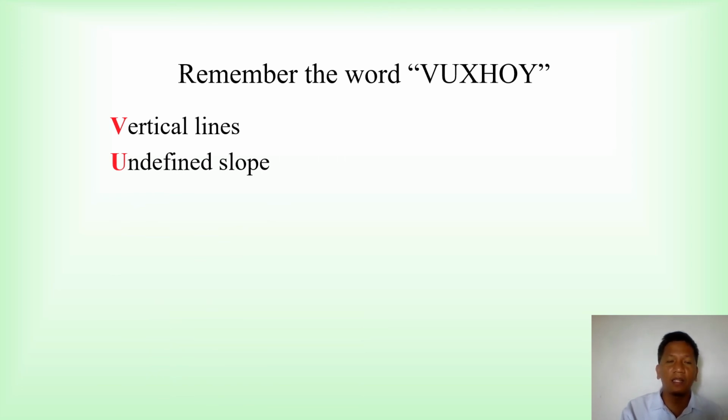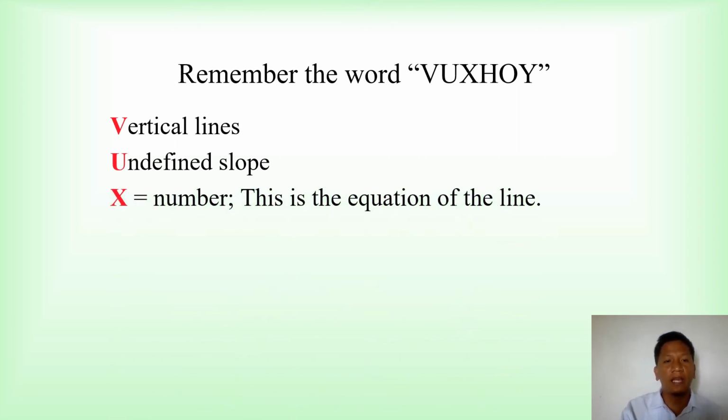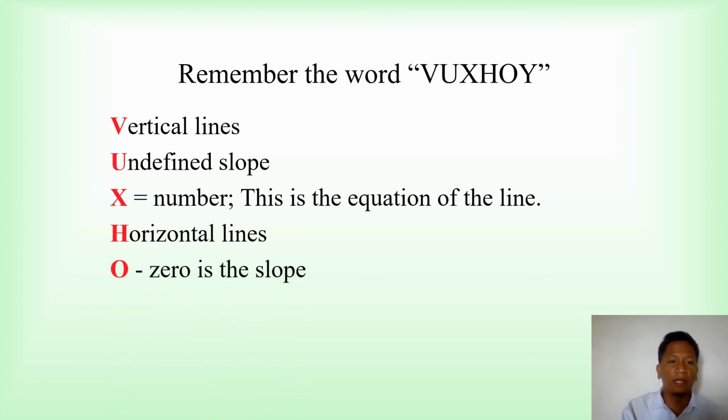O yan, naintindihan? Vertical lines, meron siyang undefined slope. And x is equal to the number, and that is the equation of the line, or x is equal to c. While H is for the horizontal lines, and O stands for 0, 0 is the slope.